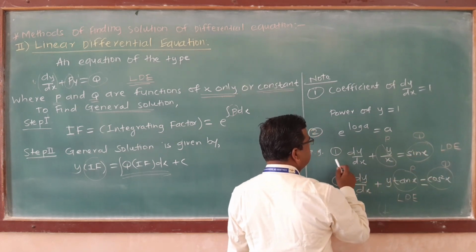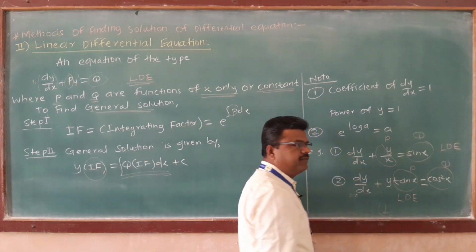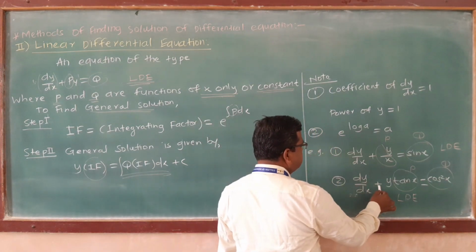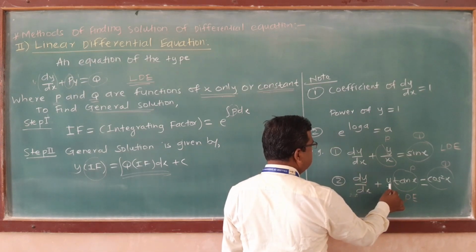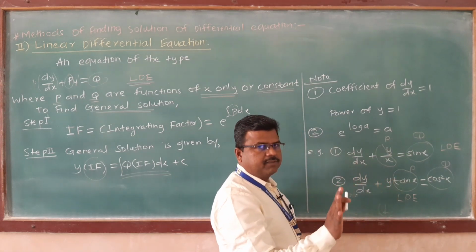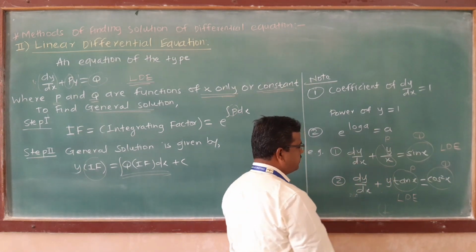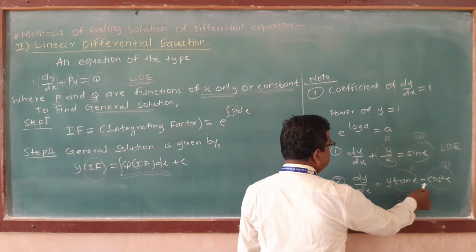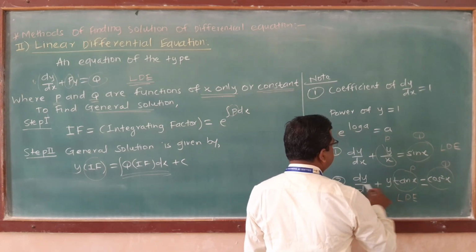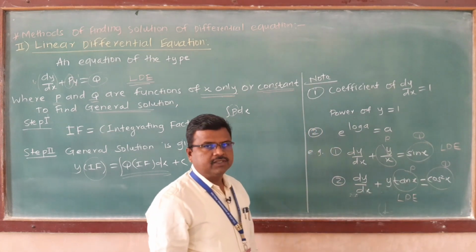Therefore this equation, example 1, is a linear differential equation. Similarly, this dy by dx plus py, that means coefficient of y, call this as p, which must be a function of x only. फक्त x चं function असायला पाहिजे. So this is in the form py is equal to right hand side q, which is again a function of x. Therefore this equation is a linear differential equation.